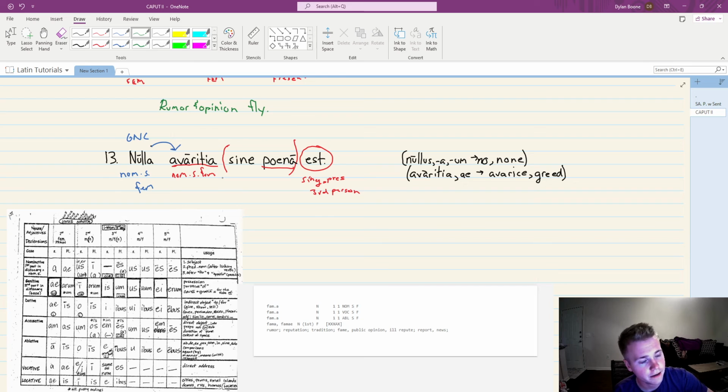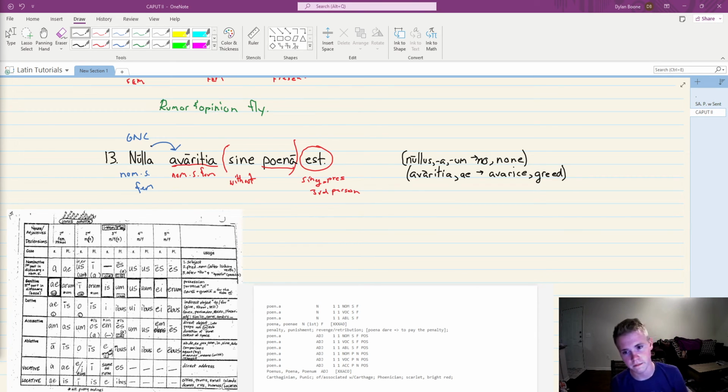So how would we translate this? Just start with our main, or actually one more, right? We have sine, just a preposition. We know that means without. Poena, very similar. I'll look it up here, that way you don't have to trust me. This top one here means a penalty or a punishment or revenge. As you can see, poena, poenae, first declension.